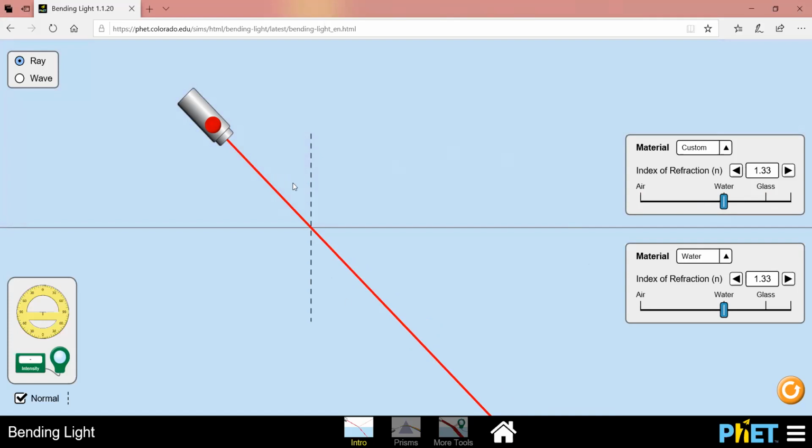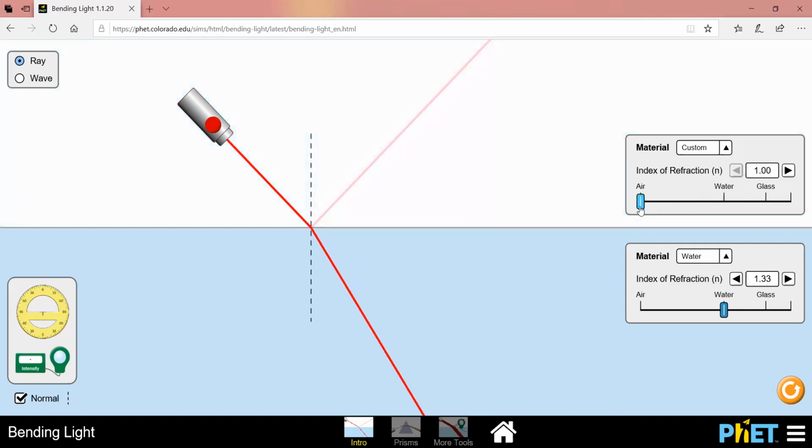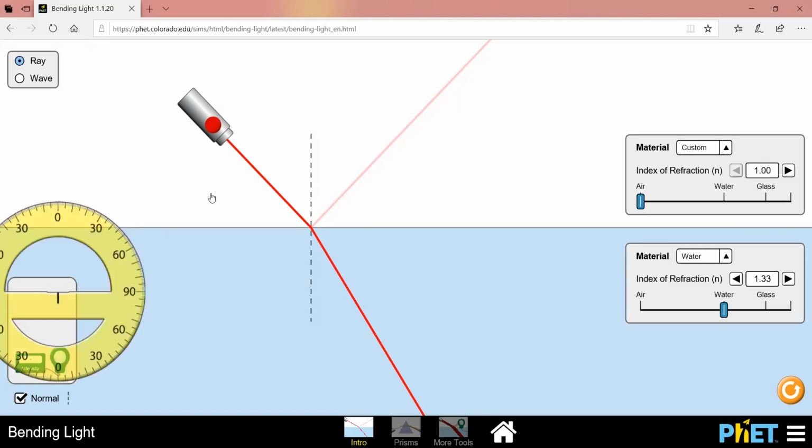The incident angle here will be equal to the angle of refraction, and I'm not going to have refraction as well. But what we are going to work on is to change the medium, so the index of refraction will be changed, which is 1 for the air, 1.33 for the water, and we will see how we can get different angles by measuring the angles here.